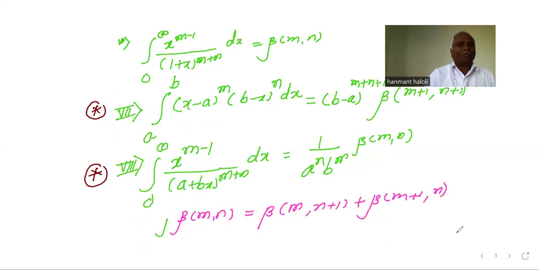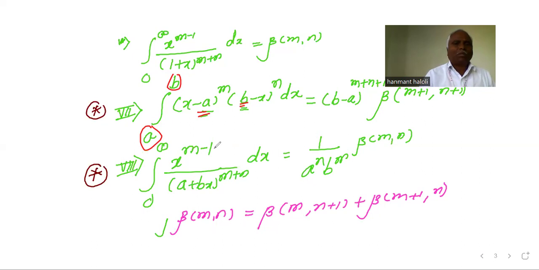Now the second one: these are the additional properties which I took. First example, integral a to b. If both limits are constant and these limits are utilized in factor form, here a and b, both the limits are utilized as factors, here b and here a. While taking this substitution, we take the difference as t plus a, and then you get that formula directly.